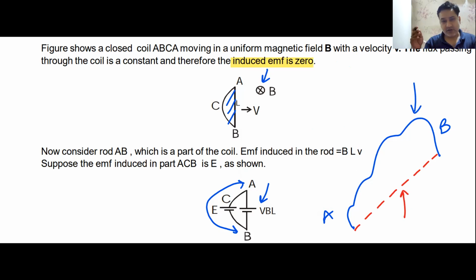So instead of finding it directly on the curved path, we will just find it in the straight path. This will save you a lot of time in questions that can come, because a question can be pretty straightforward like this.